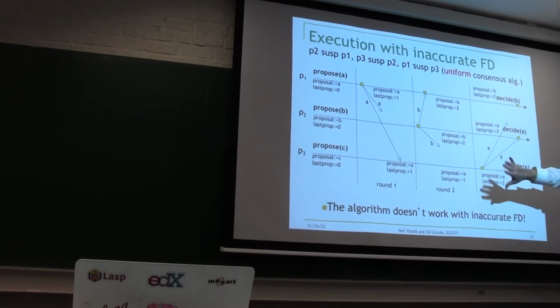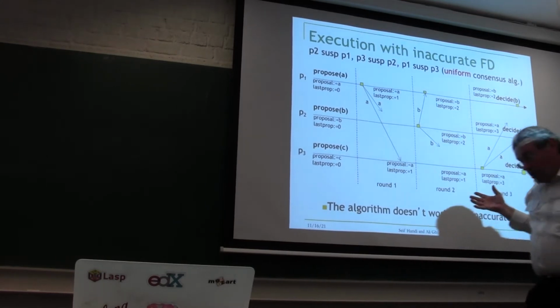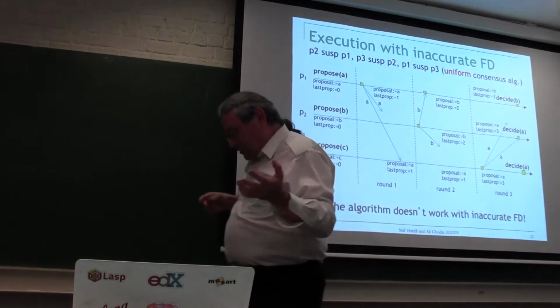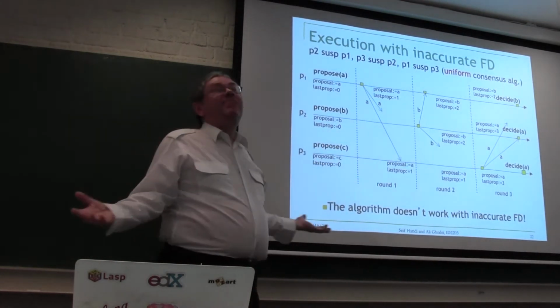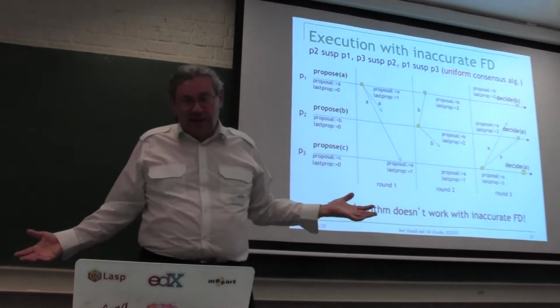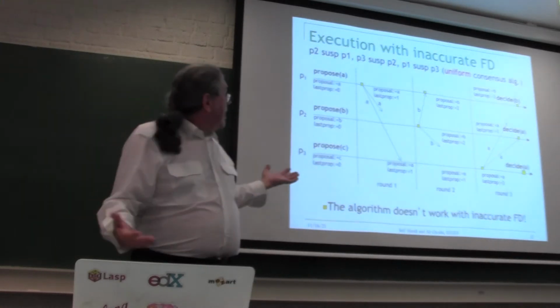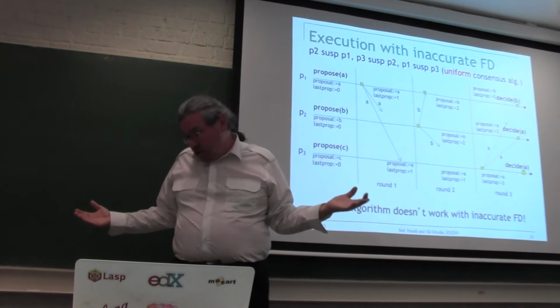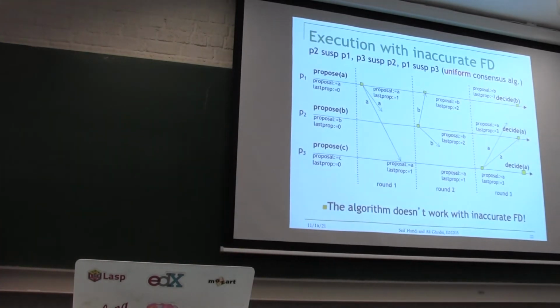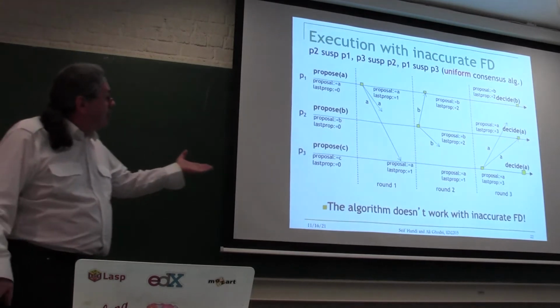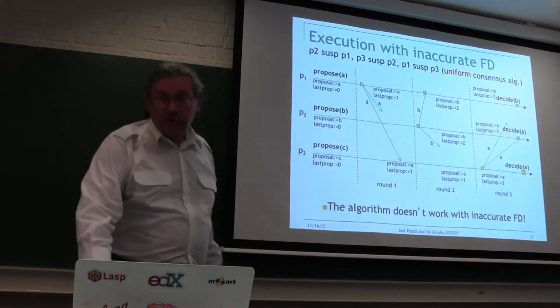It's different from the non-uniform version, but still the fact of deciding at the end doesn't fix things. So in this case, we're unlucky. We have to invent another algorithm. This algorithm does not work for eventuals.